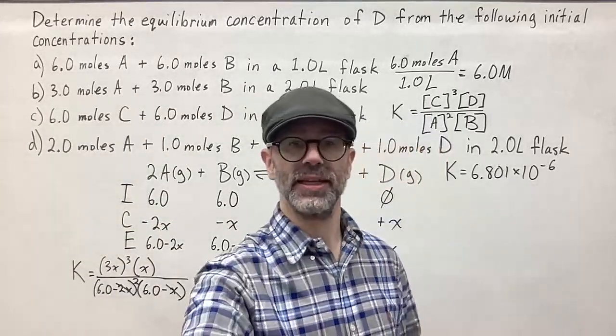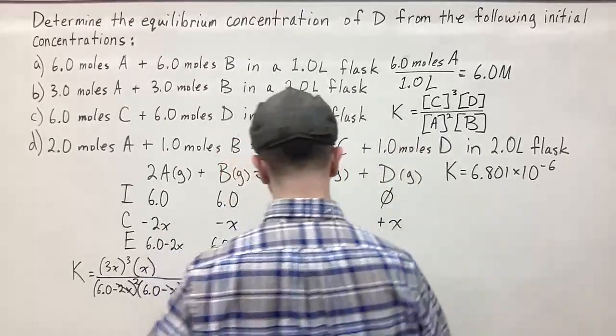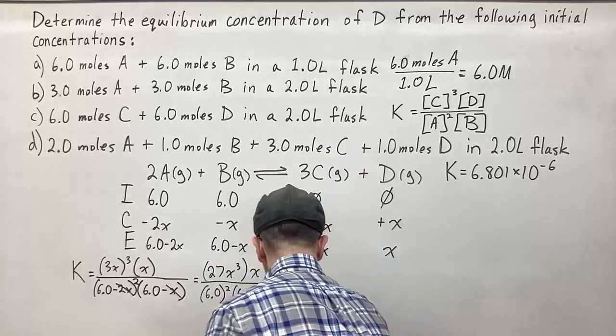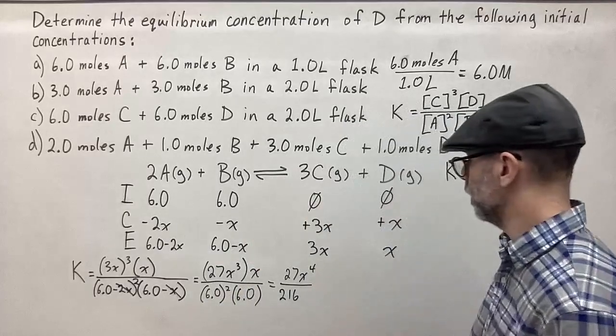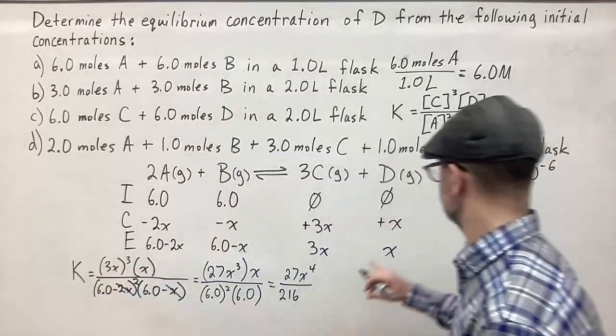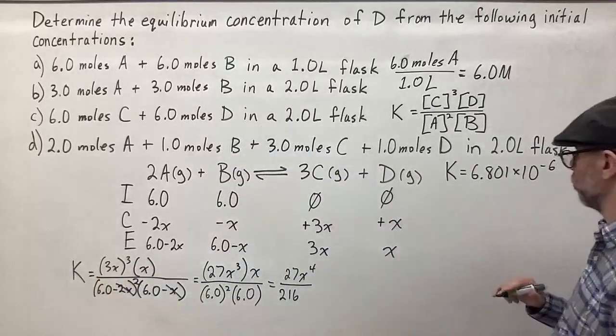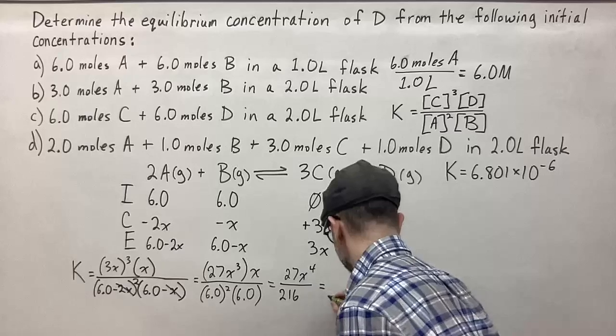So let me calculate that. 216. So we have 216 on the bottom. And so now this is equal to K, which is 6.801 times 10 to the negative 6. So we'll go ahead and put that in.